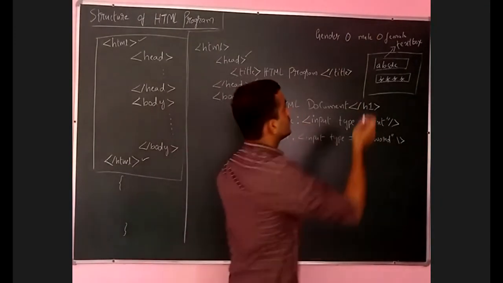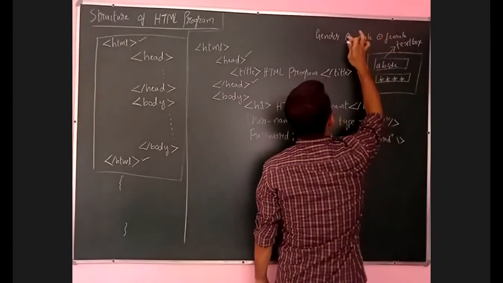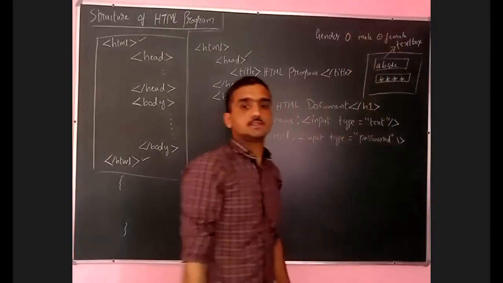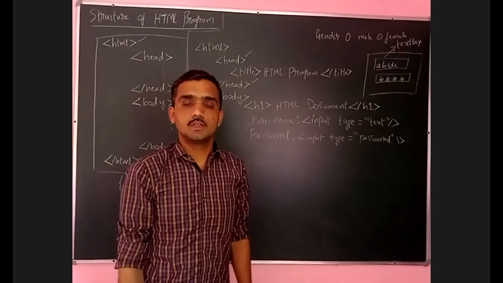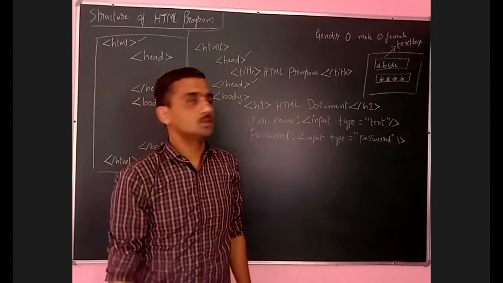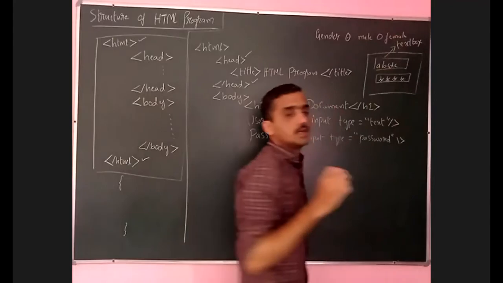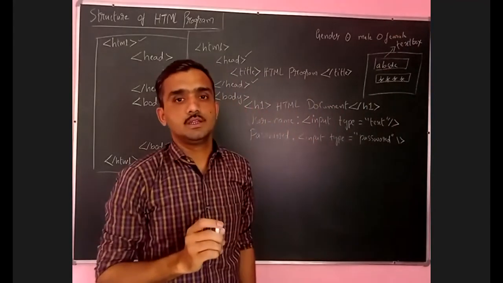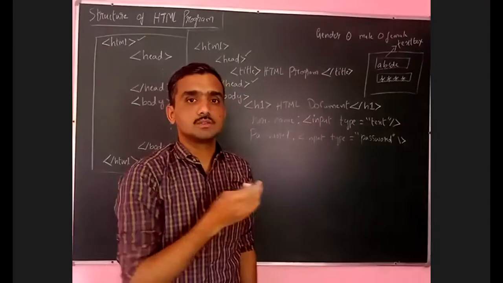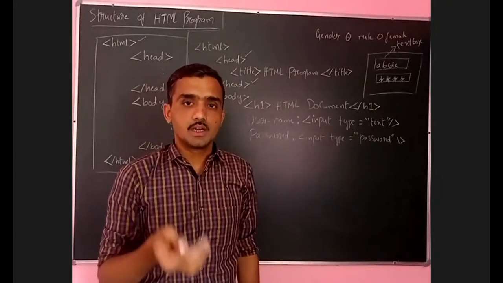If you select another one, by default this one will be deselected. I think you might have noticed this in websites. Again, if you select this, the other will be deselected. That means at a time, one option you can select. Different types of radio buttons are there, but right now we just try to understand this one.